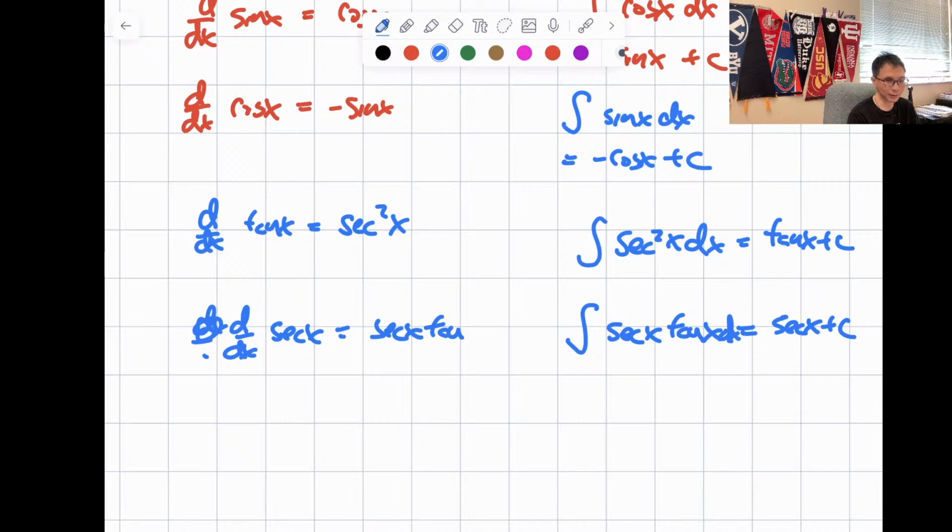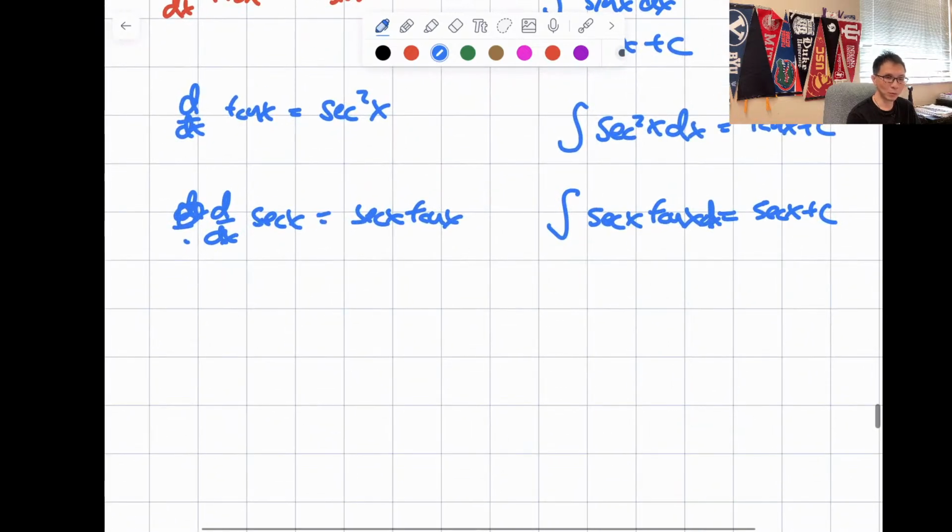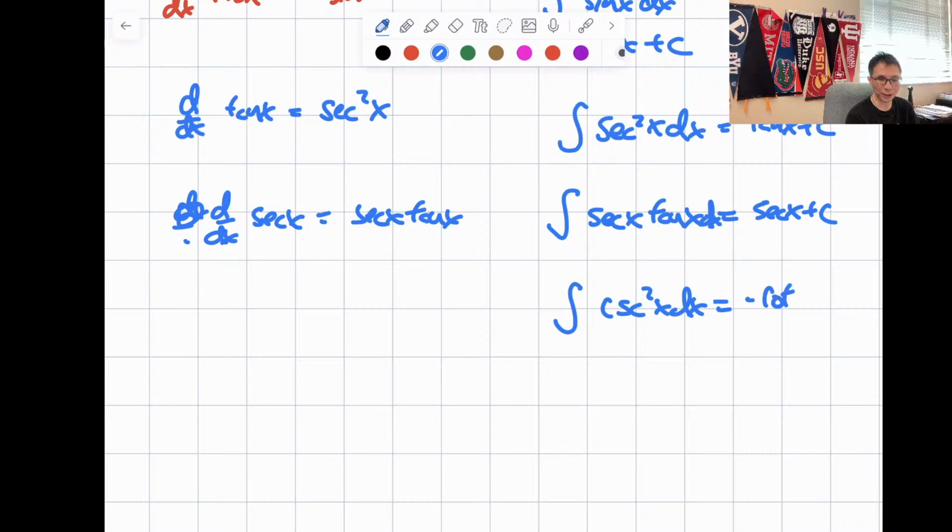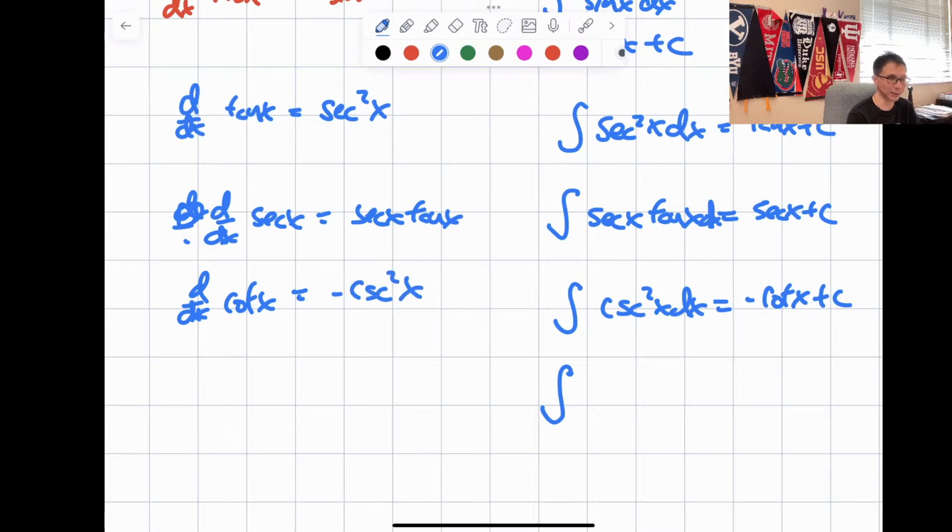Okay, so what will be the integration of cosecant square of x dx? Negative cotangent of x plus c, is that okay? Because the derivative of cotangent of x is equal to negative cosecant square of x.